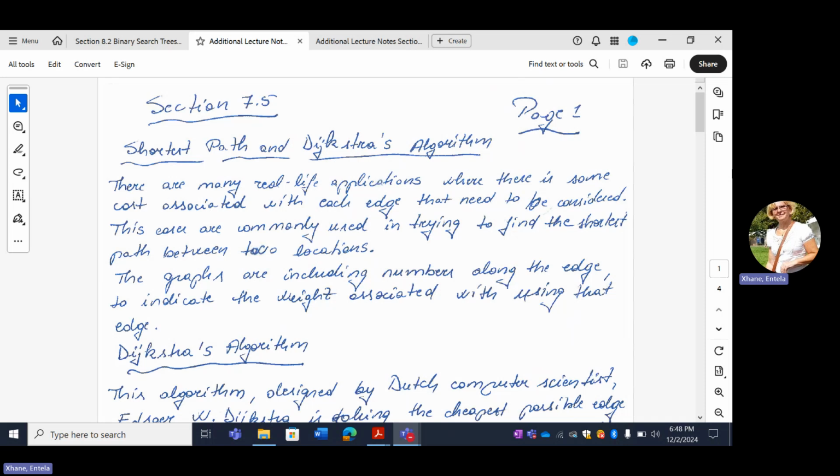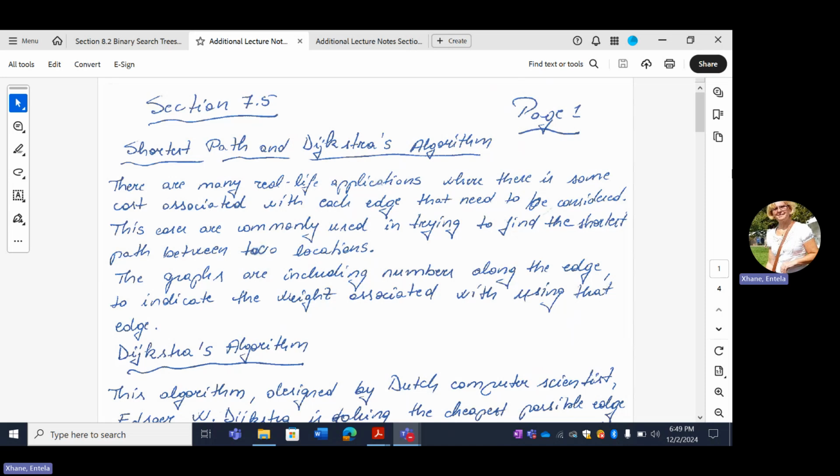This is extremely popular when you're traveling. It's the idea behind the well-known GPS, which gives you the best option, the shortest path to go from one destination to the other with the lowest possible cost in some scenarios.